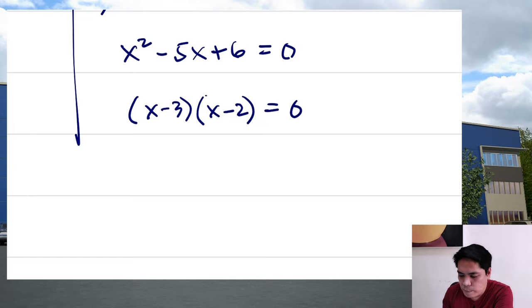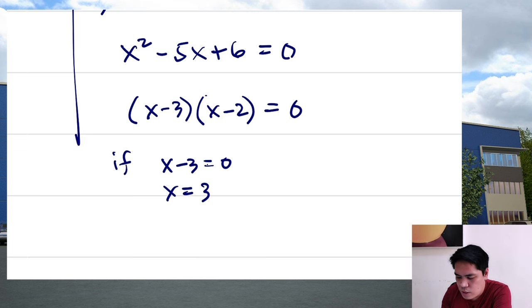Factor na siya, etong value times etong value. Para maging 0 to, just using common sense, either of these should be 0. So, if x minus 3 is 0, therefore, x should be 3.